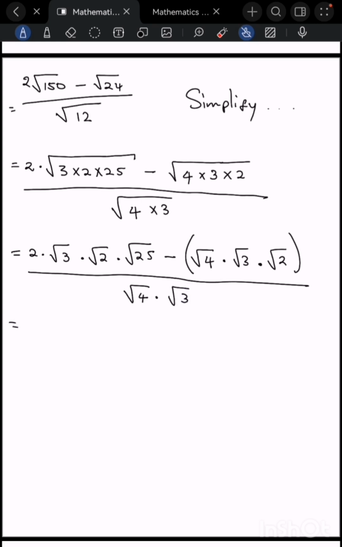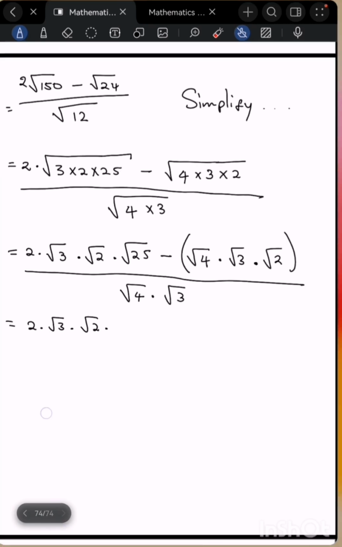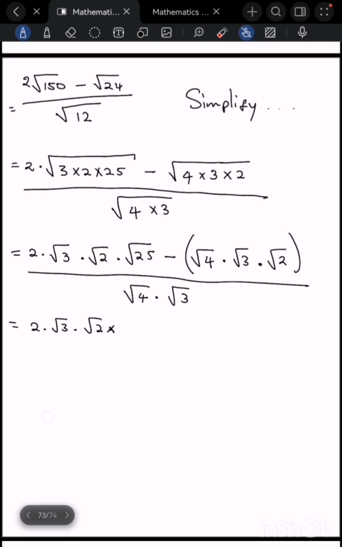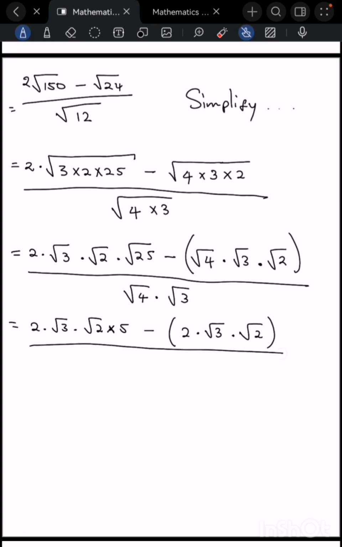Alright, what this becomes is 2 times the square root of 3 times the square root of 2 times the square root of 25, which is 5, so it's going to be multiplied by 5. Minus, the square root of 4 is 2, times the square root of 3 times the square root of 2, all divided by the square root of 4, which is 2, times the square root of 3.